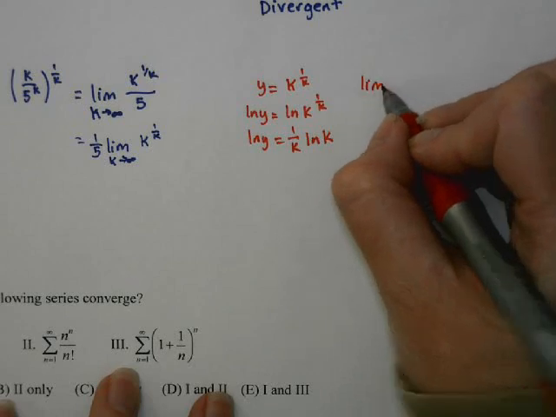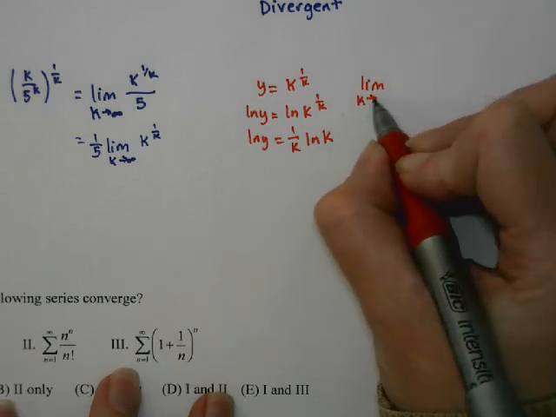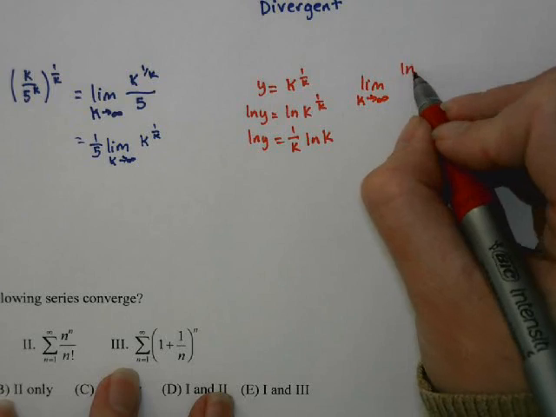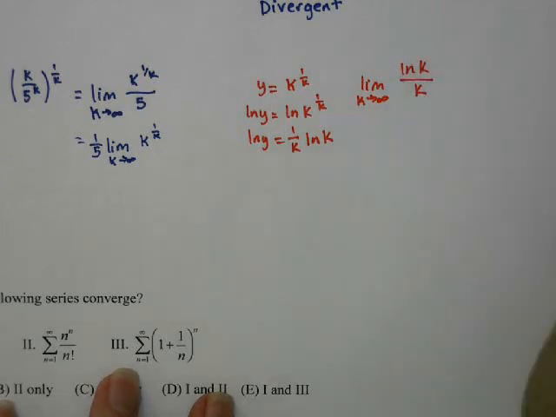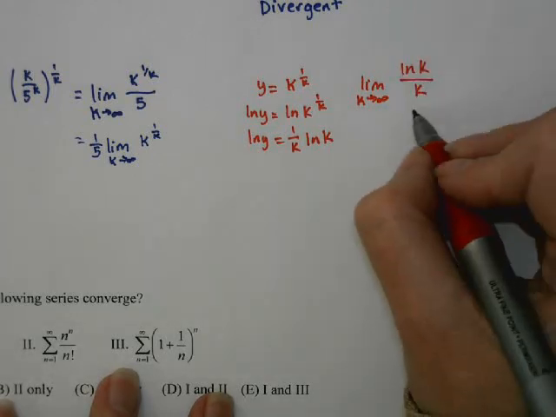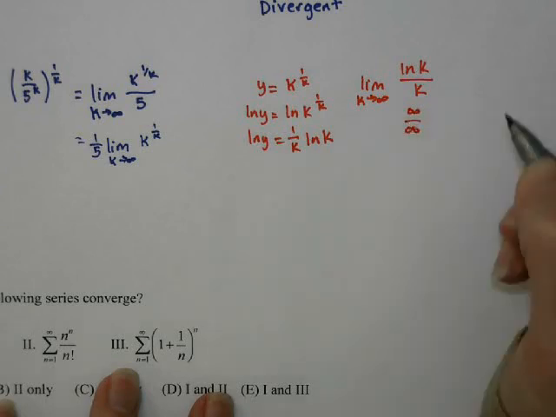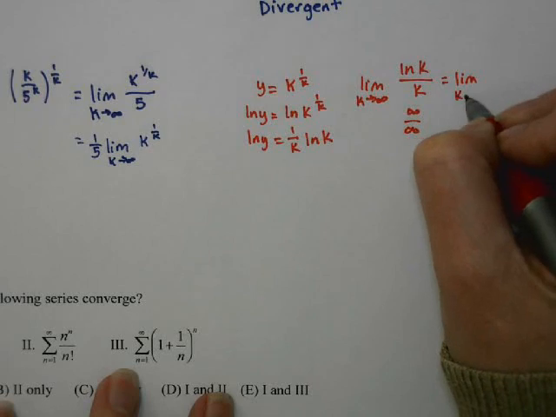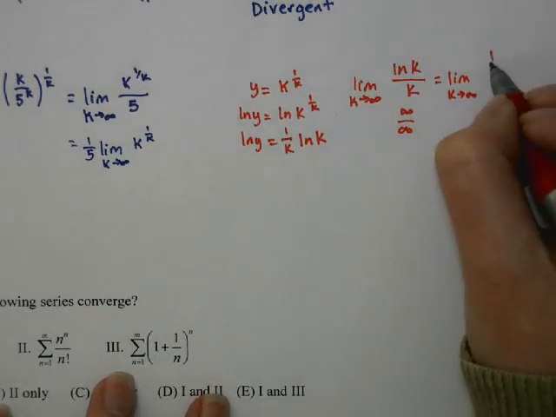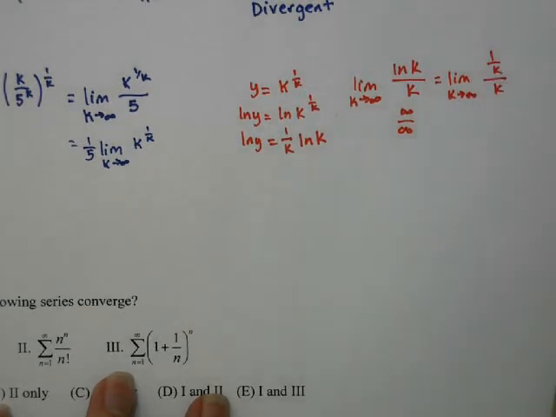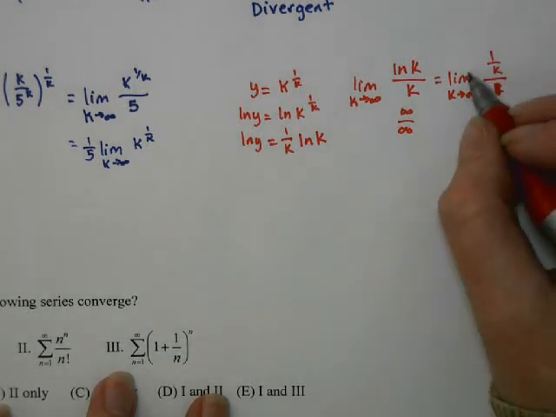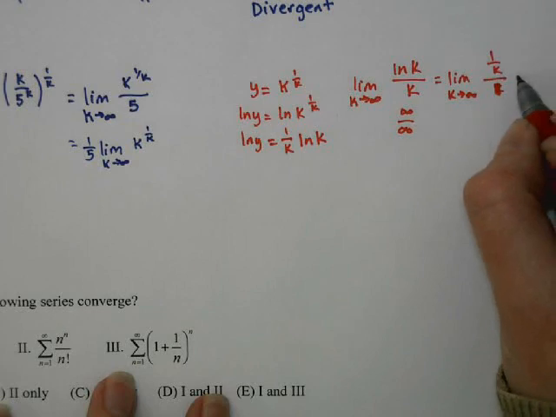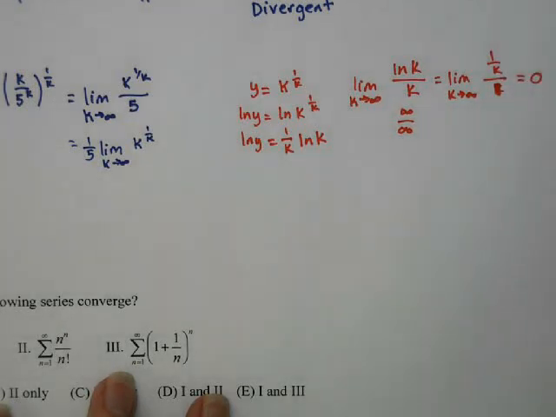So I'm going to look at the limit as k goes to infinity of natural log of k over k. The good news is this is infinity over infinity, which means we can use L'Hopital's rule. So we get 1 over k over 1, which is just 1 over k. So the limit as k goes to infinity of 1 over k is 0.